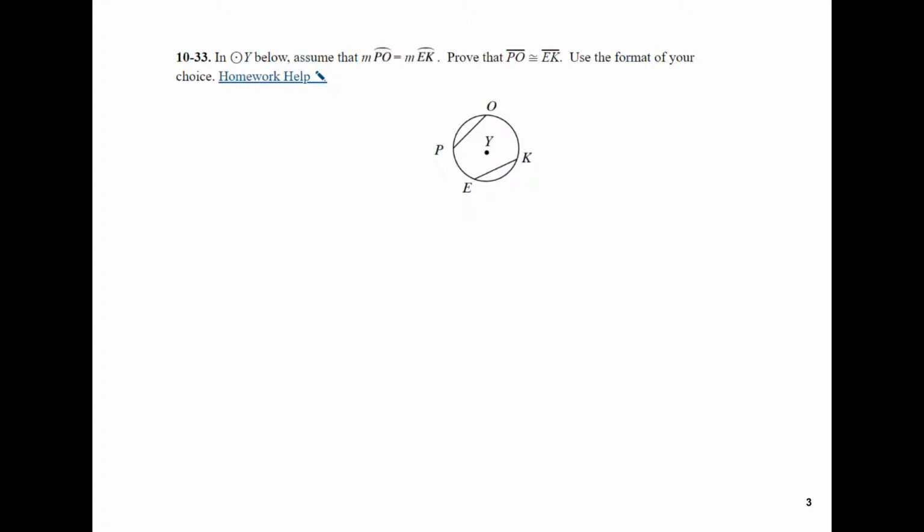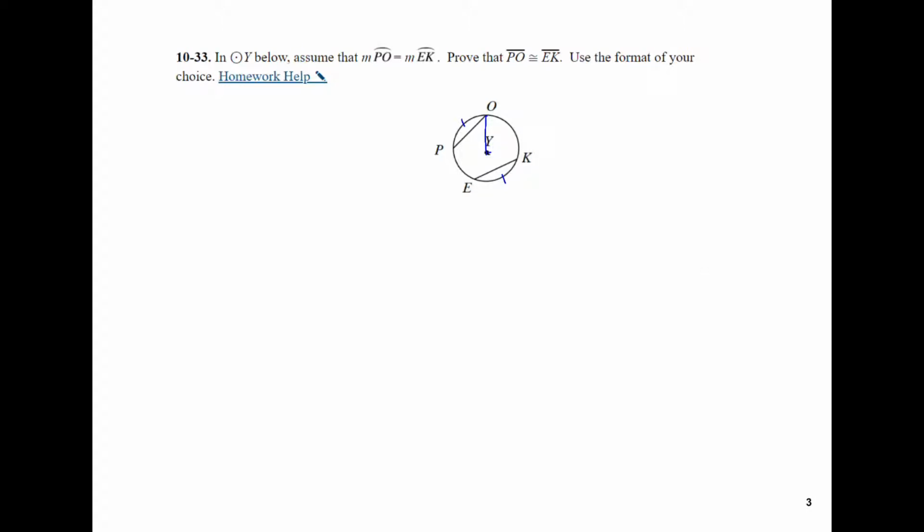10-33, in circle Y below, assume that the measure of arc PO is equal to the measure of arc EK. Prove that PO is congruent to EK. Use the format of your choice. So to prove that those arcs are congruent, let's look at it from the radius first.